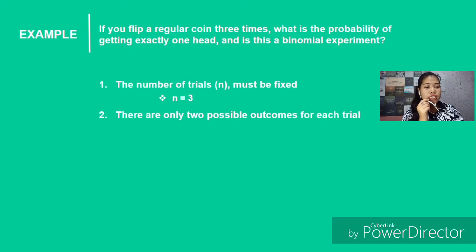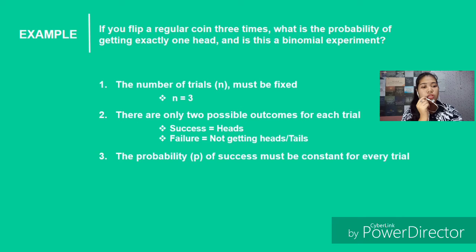The second condition is also satisfied because we can define success as getting heads and we can define a failure as not getting heads. This is the same as saying getting tails is a failure. The third condition is also satisfied because the probability of success remains constant for every trial.